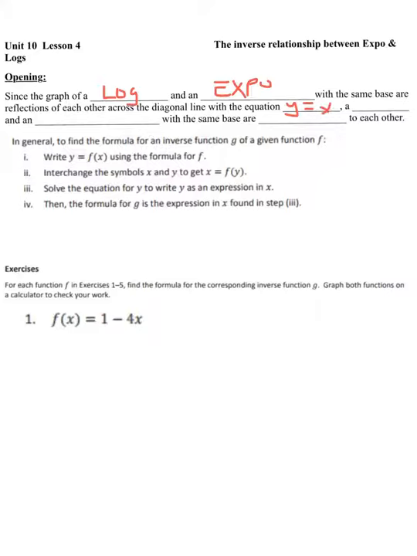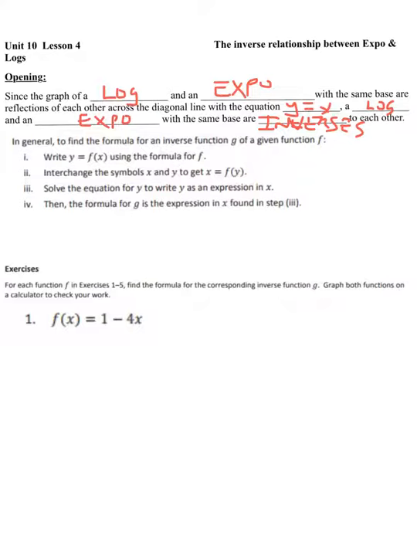So a log and an expo with the same bases are inverses of each other. That's the key.